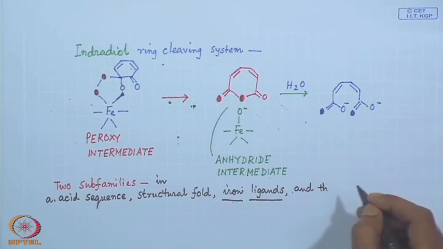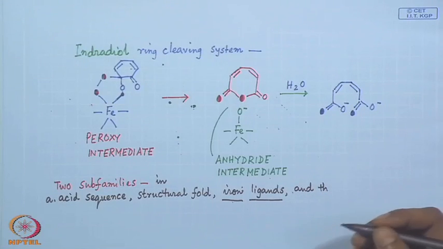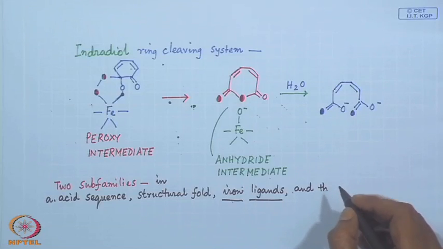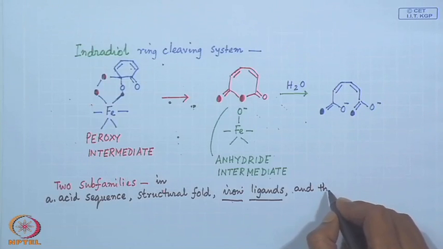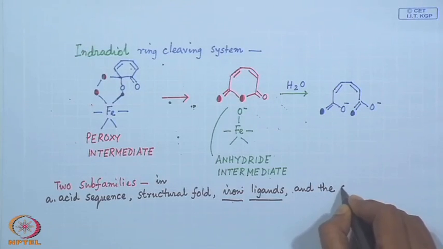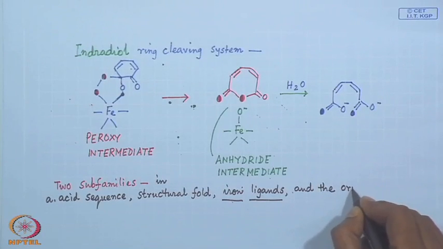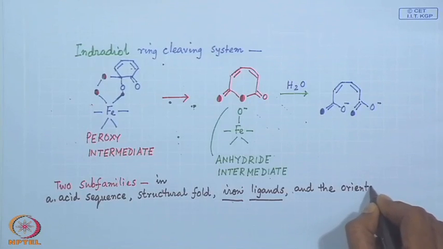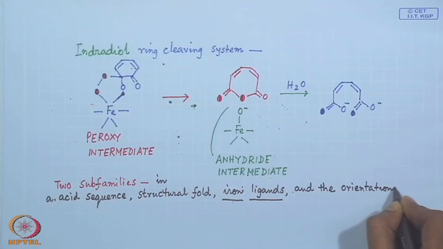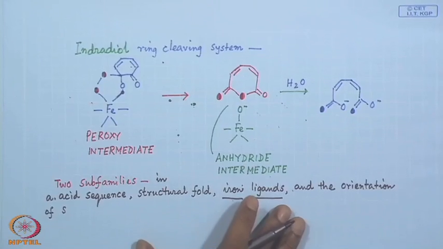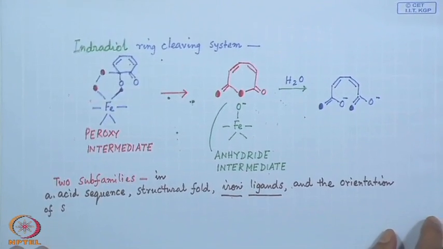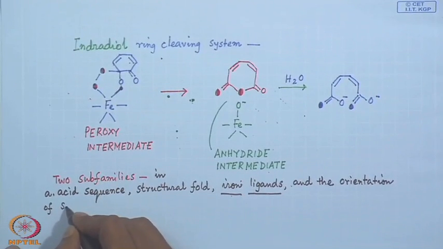That means the hydrogen bonding interaction that the imidazole ring is showing through its hydrogen to the superoxide or peroxide oxygen, and the orientation of the second sphere, which is important.